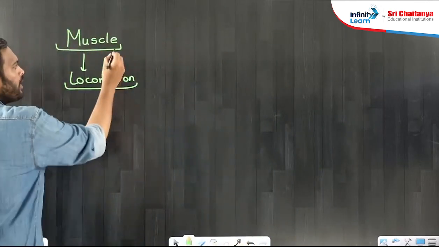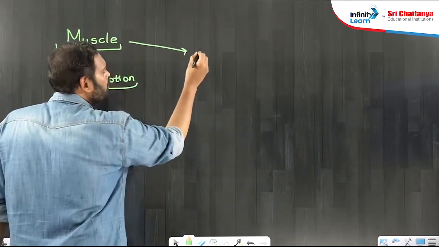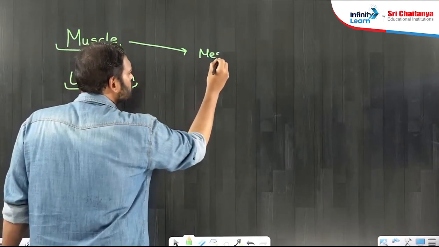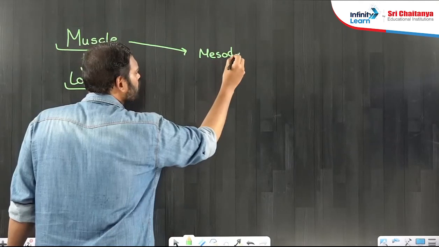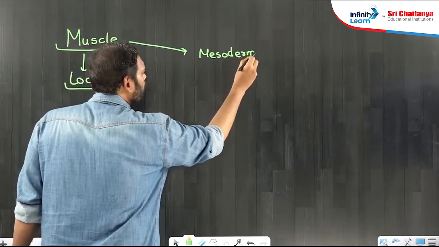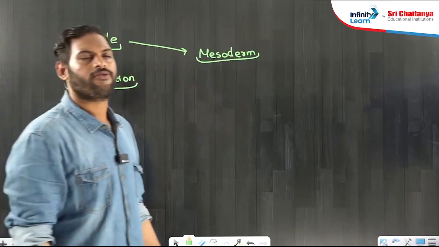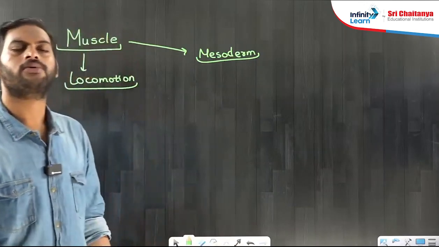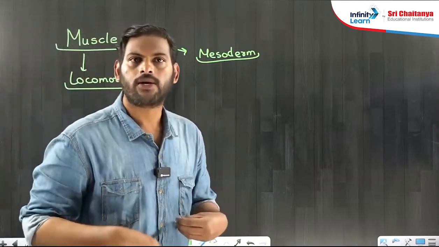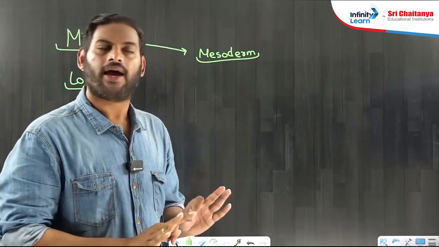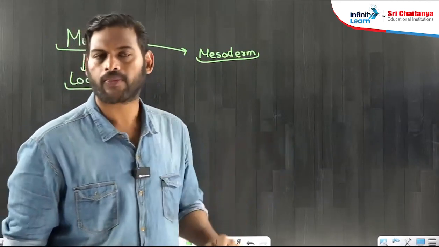Muscle is actually derived from mesoderm. More than 50 to 60% of your body is composed of mesodermal tissues, mainly muscles and connective tissues also.